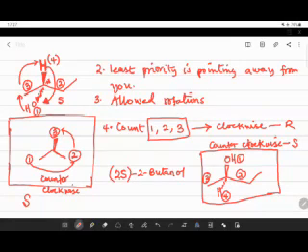And since the lowest priority is already pointing away from us, when we count 1, 2, and 3, it is in the clockwise direction. So this is the R enantiomer. I hope that is easy for everyone. So assigning the R and the S is very easy.